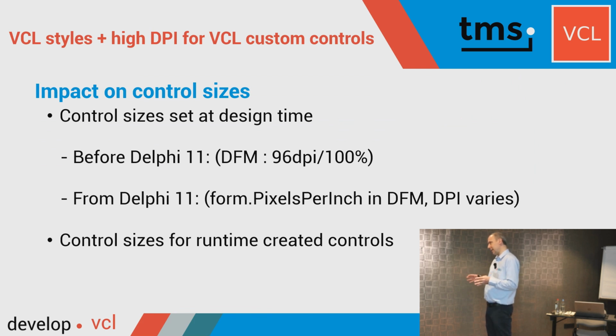So I think the best advice, if you are in a team developing on different DPI monitors, is to set everything at the same DPI. So it might not match for certain developers the DPI, but at least everything will stay consistent. Otherwise, every time you open forms, it might have an impact on this particular pixels per inch property.